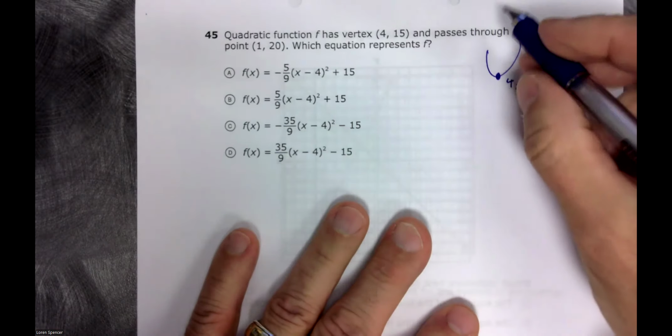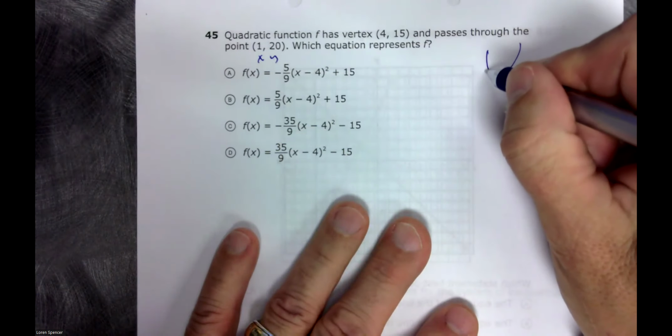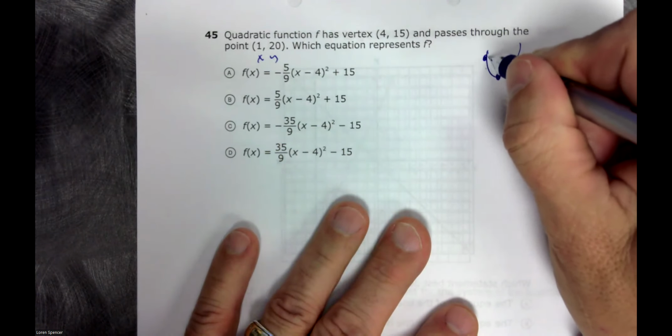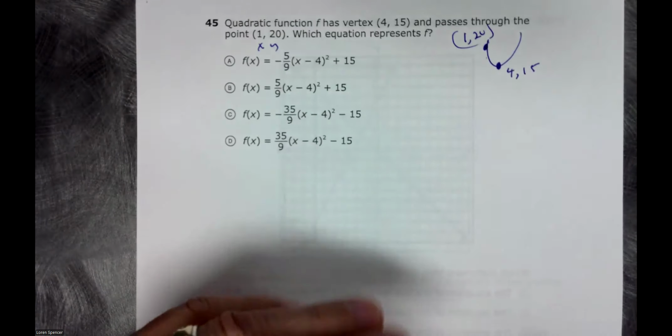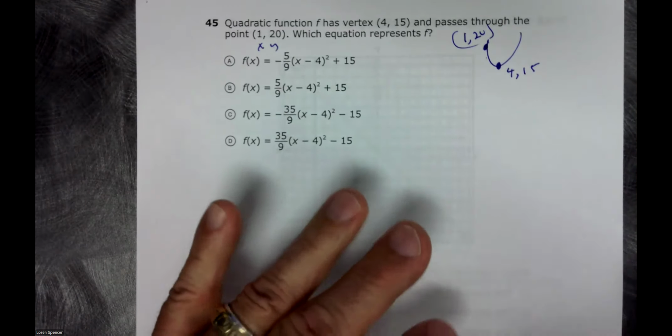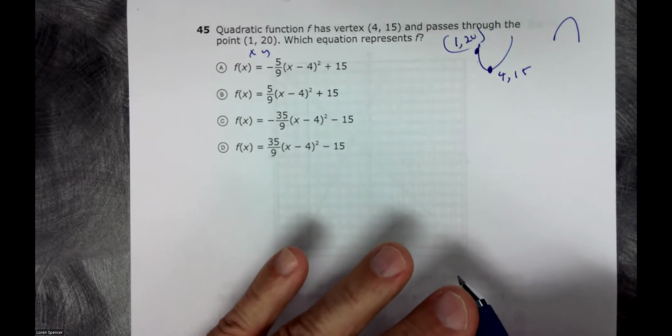We also know it passes through some point where this is my x, this is my y, where this is a (1, 20). And we need to figure out which one of these it is. And maybe it's facing this way. I don't know which way it's facing.